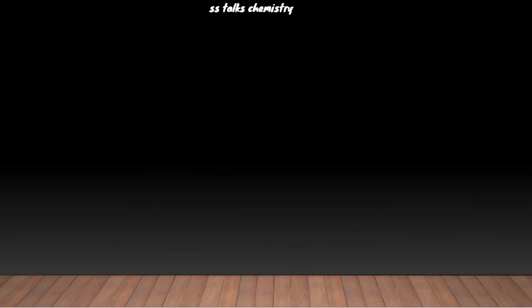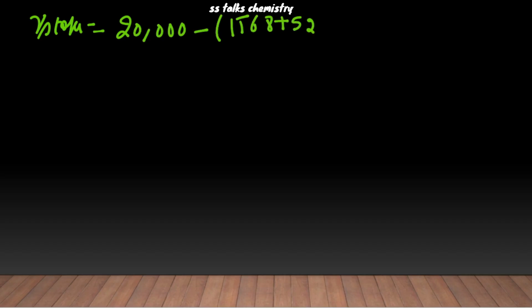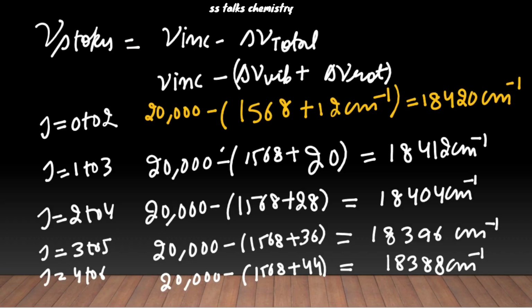So delta nu for the Stokes shift is going to be 20,000 minus 1568 plus 52. That comes out to be 18380 centimeter inverse. So now you can see the various Stokes lines that I am getting are in the range of 18400.